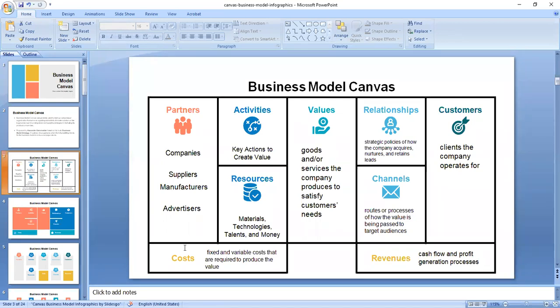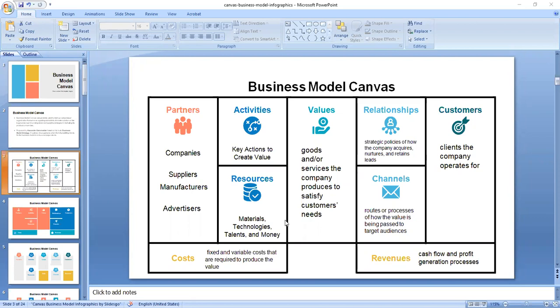So going back to the resources, excuse me, class. In terms of the resources, we have to consider the materials, the technologies, the talents, and money.